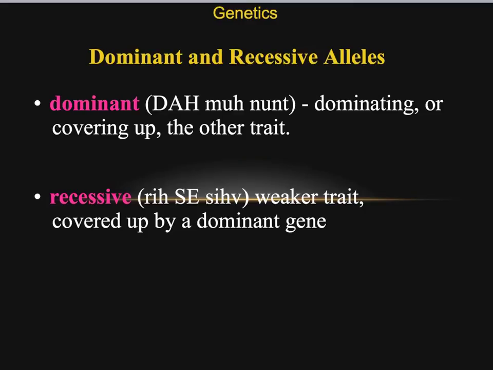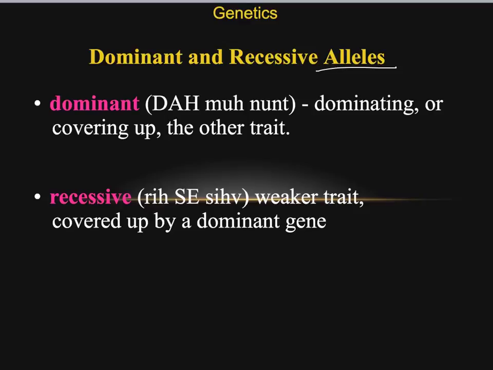Now, one other thing I want to go over about genes is that many times genes, or the word we just learned, alleles, can be dominant or recessive. We're going to learn more about this in our next section, which is on something called Punnett squares, a tool used by geneticists, or people who study genetics.